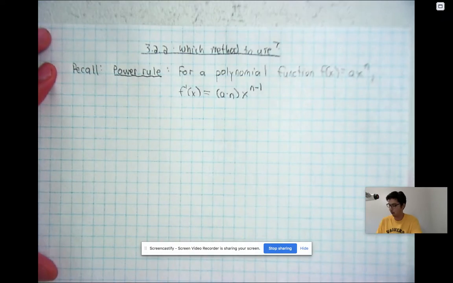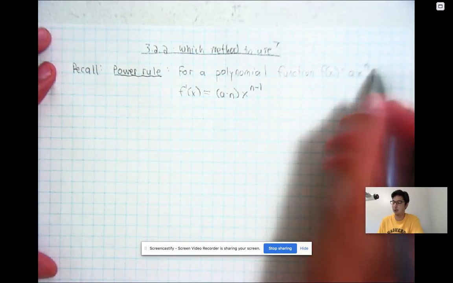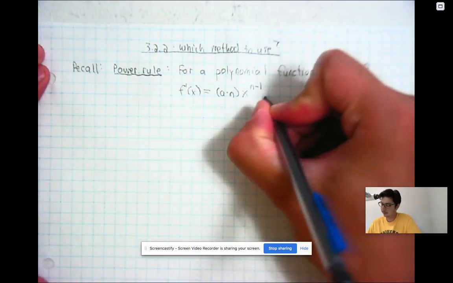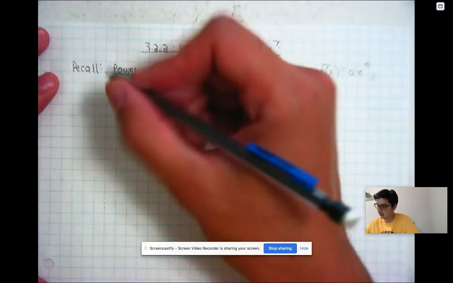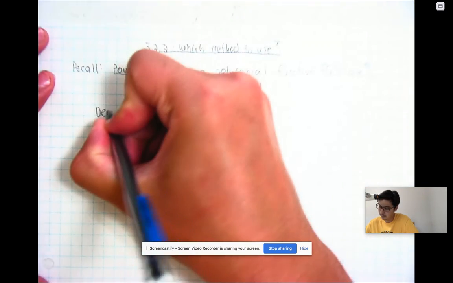Where we multiply those two in front and then subtract the power there. And that's great. And then the other thing we learned was what a derivative was.